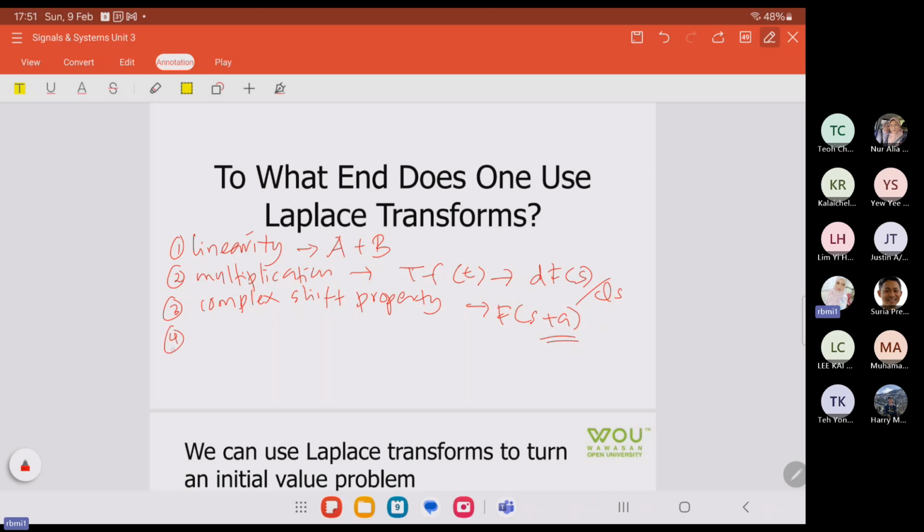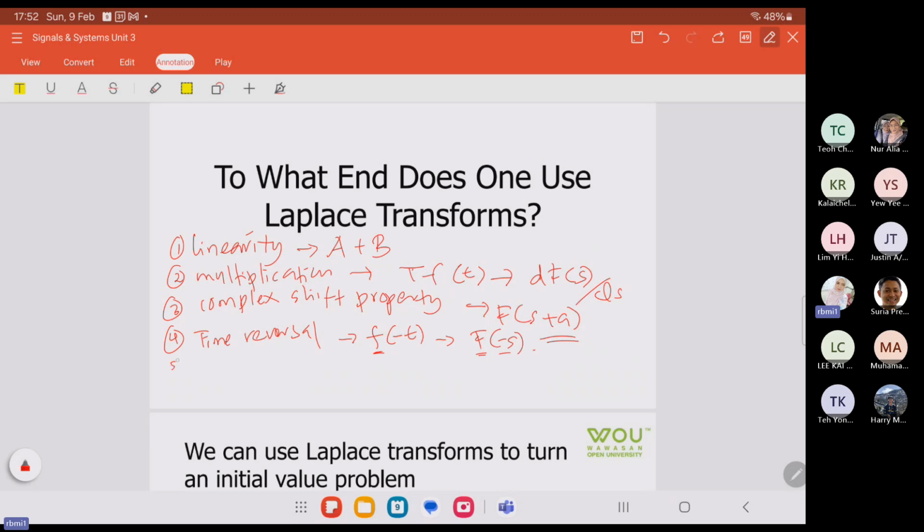Number 4 is the time reversal property. If the function is in terms of minus t, we get F of minus s. In the time domain it is the small f, and the capital F is for the s domain.